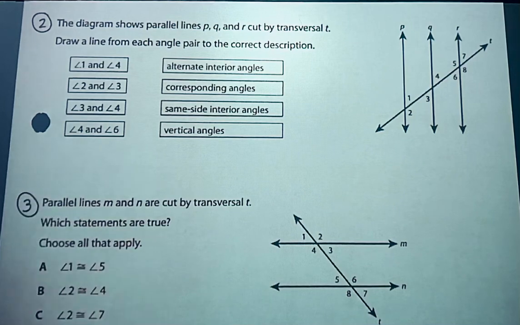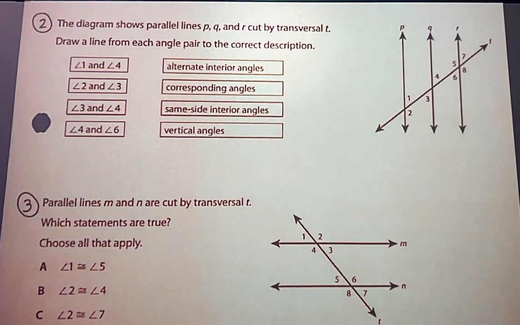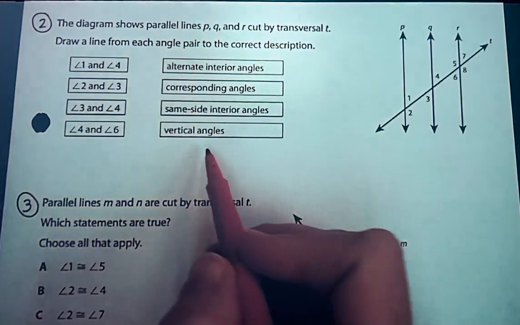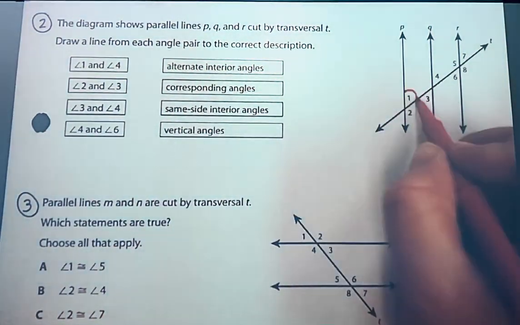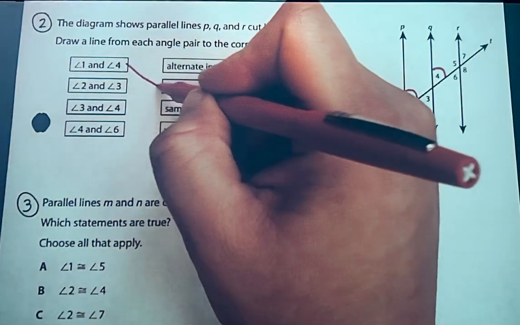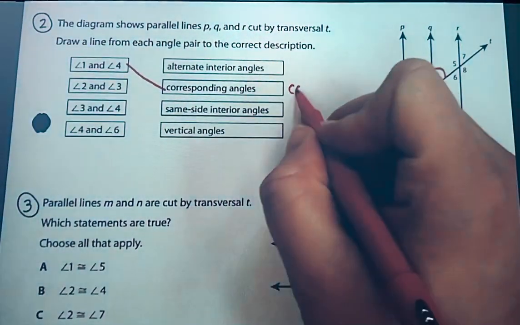Number 2 is all about vocabulary words. Angle 1 and angle 4. They wanted you to match these angles with the description given. Angle 1 and 4 are corresponding angles. They are congruent to each other.